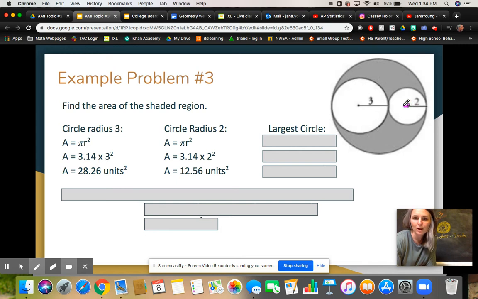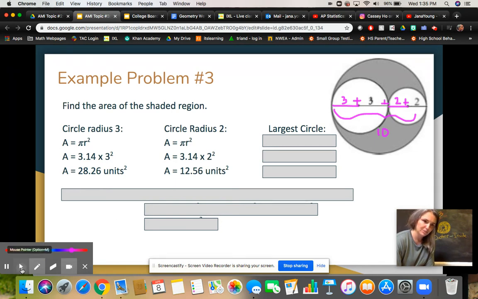Well, I know this radius is also 2, and I know this radius is also 3. So the diameter of the entire circle would be 3 plus 3 plus 2 plus 2. 3 plus 3 is 6, 7, 8, 9, 10. That makes the diameter of the circle 10. And if I take half of 10, that means my radius is going to be 5, right?